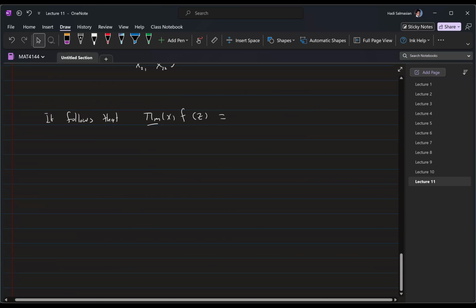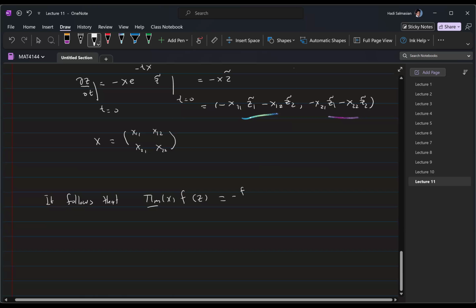So I will obtain minus df/dz1 times minus, oh, I'm sorry, there's no minus here. x11 z1 plus x12 z2, minus df/dz2 times x21 z1 plus x22 z2.